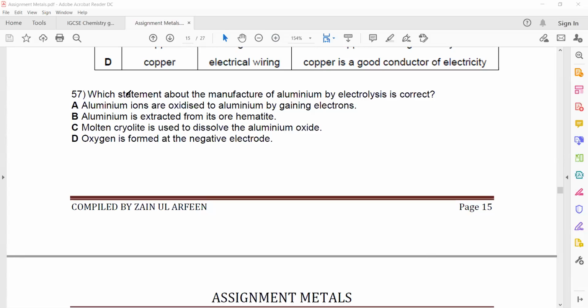So again, you can see molten cryolite is used to dissolve aluminium oxide.